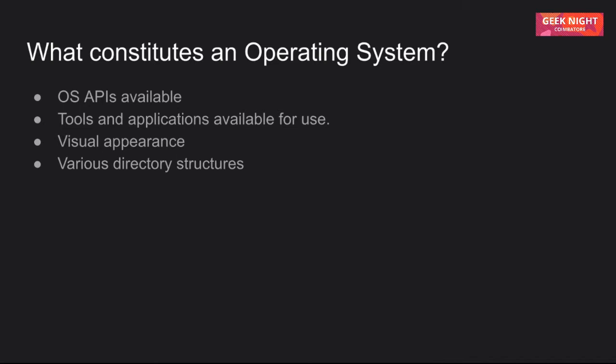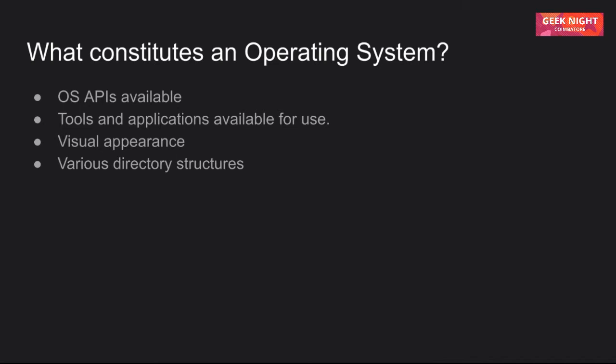We would have gotten used to the visual appearances of the OS, and if we look at a screen, it will be immediately evident which OS we are looking at. So visual appearance would be the first thing that decides one OS is different from another OS. And if we drill down a little deeper, there are OS APIs that are available, and that is what we care about as developers.